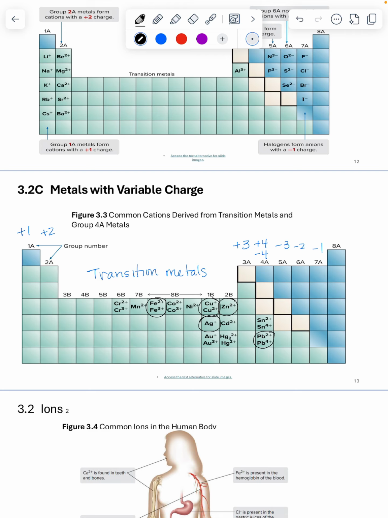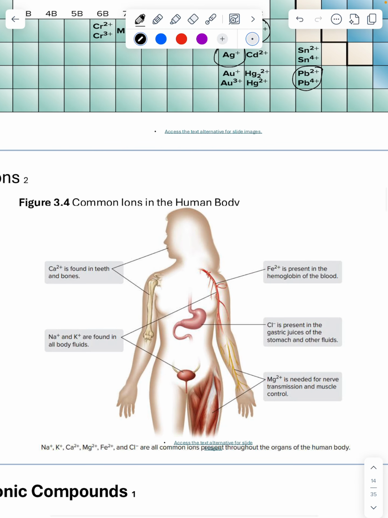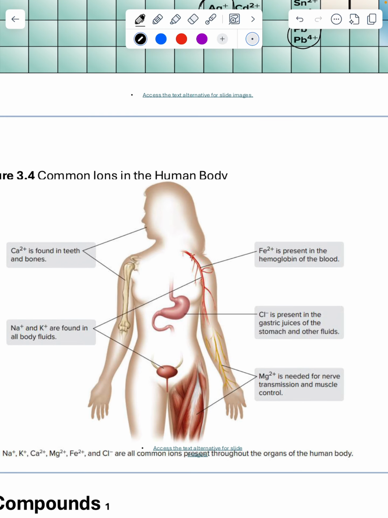If we look at some ions that we find in our human body, they're quite important to us. In our teeth and bones, we have calcium ions. You can see that sodium and potassium are found in many of our body fluids. They also help with muscle contractions and things like that.